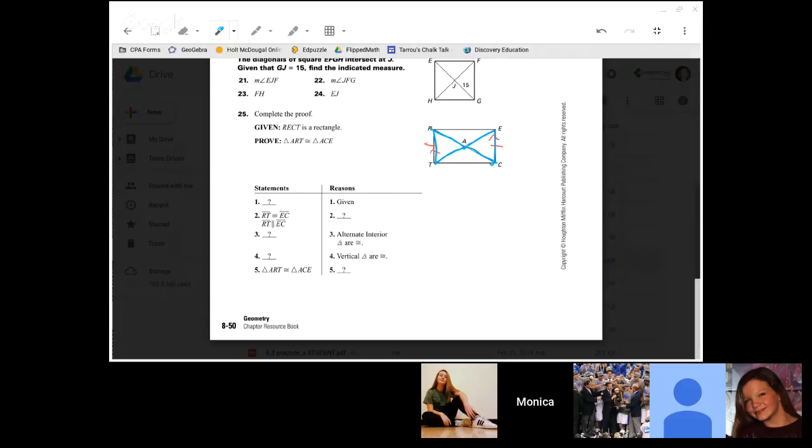So those are not alternate interior angles. Alternate interior are on either side of a transversal. Those 2 that you said are vertical angles.